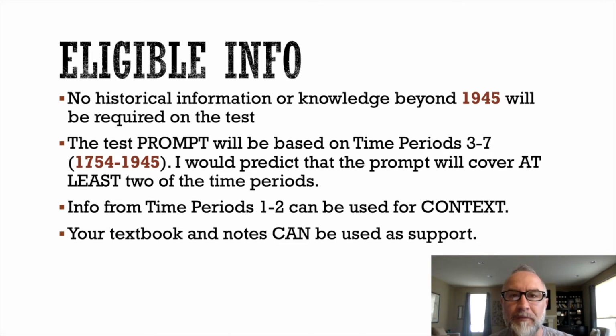And info from time periods 1 to 2 can then be used for context, and that could be contextualization in your second paragraph, the way we've practiced it, or it could be for context for an individual document when you're doing extended analysis. Now, it is open notes and open books, so your textbook and any notes you've taken to prepare for this test can be right there with you as you attempt to answer the DBQ.